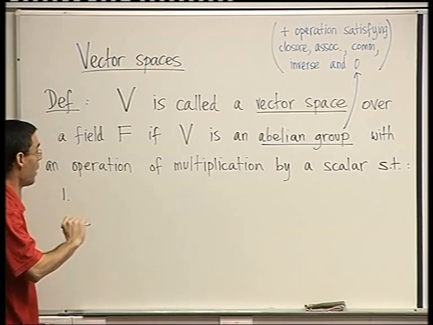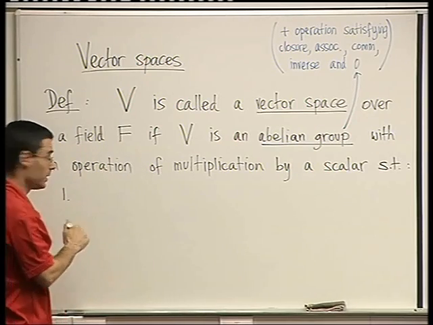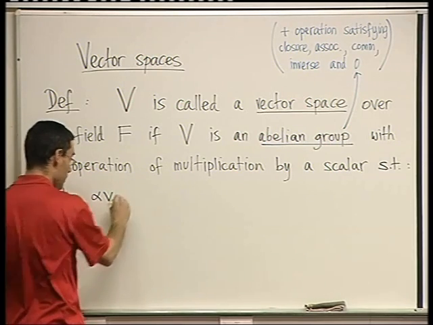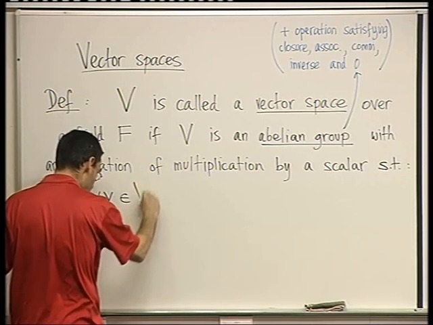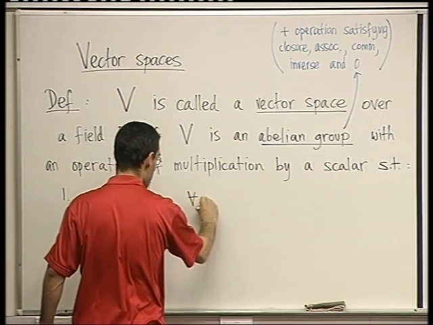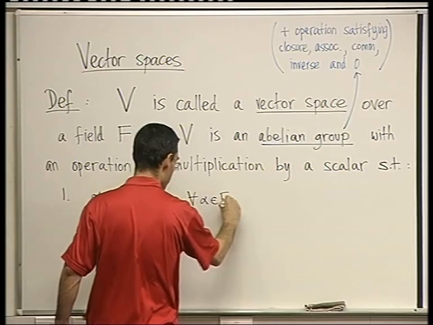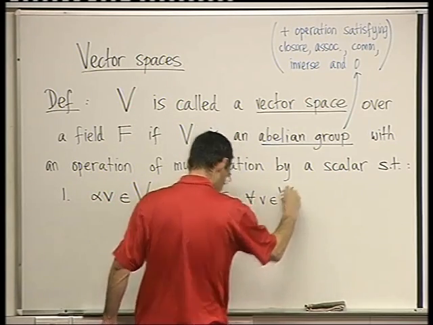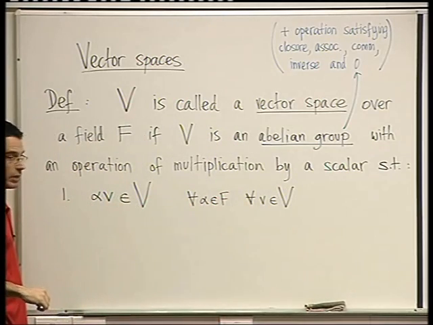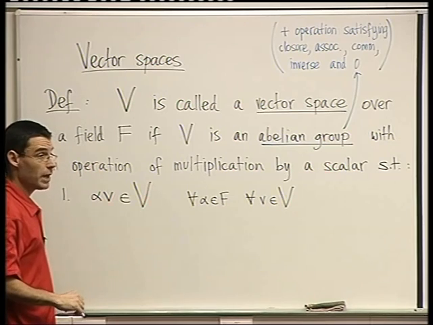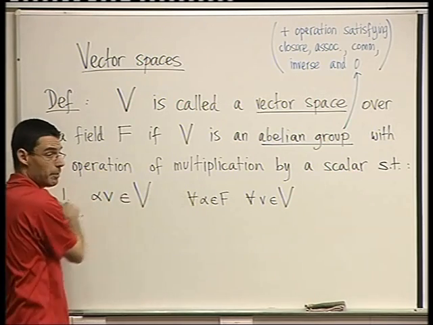Remember, it's no longer Rn and it's no longer R. So alpha times v belongs to big V. Big V is our vector space, for every alpha in F and for every v in V. Make sure your little v's and big V's are little and big. Otherwise, you'll get very confused now. Okay? So what is this property number 1?